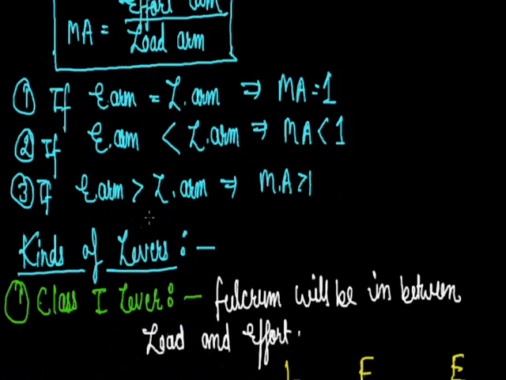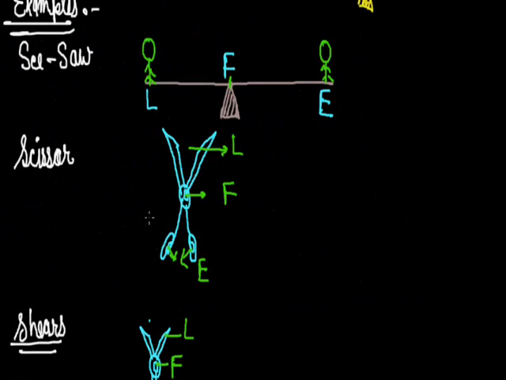So in first class lever, if we talk about the seesaw, and both the load and effort arm are equal, then we can say mechanical advantage is equal to 1. For scissor, the effort arm means the distance between fulcrum and effort, and the load arm is greater than the effort arm.